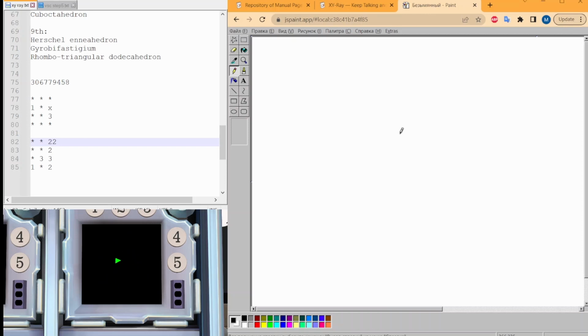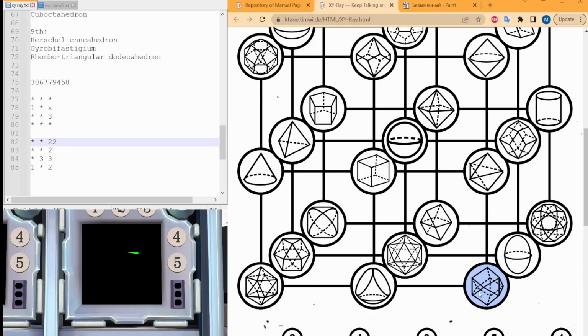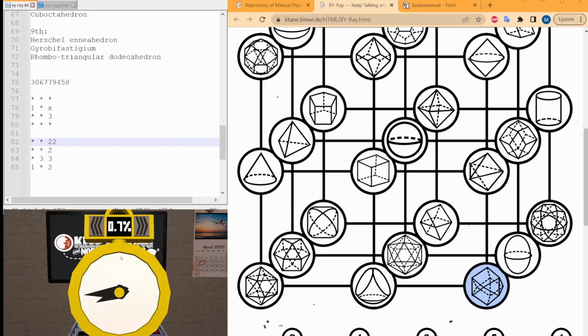Okay. However, are there any more? This is 4. Oh, this seems to be also 3. I think I made a mistake somewhere. I need to pay closer attention.